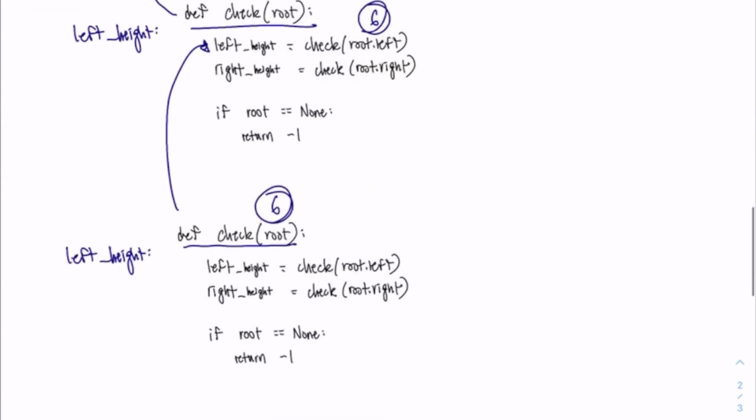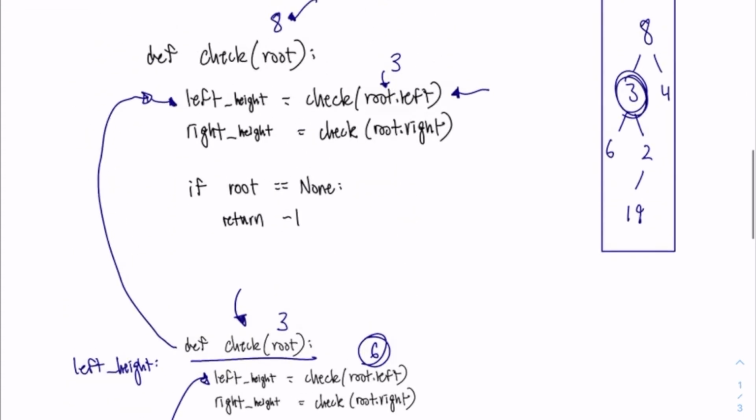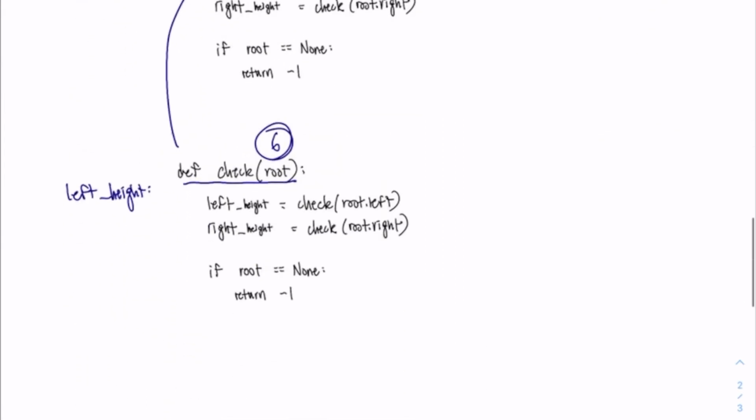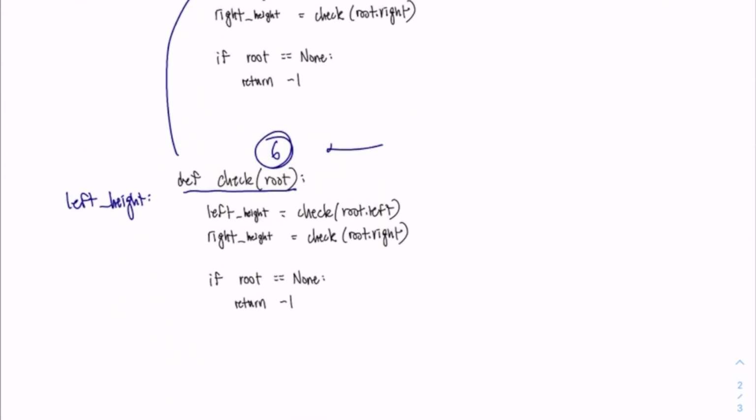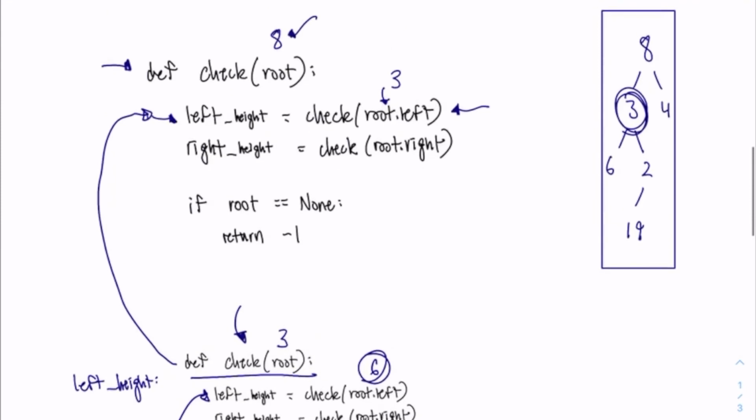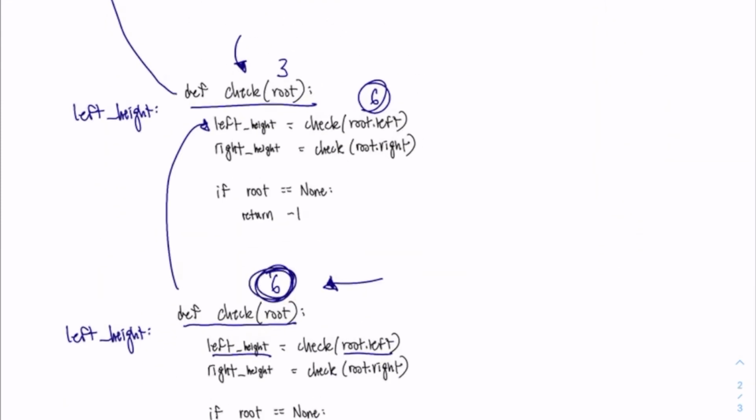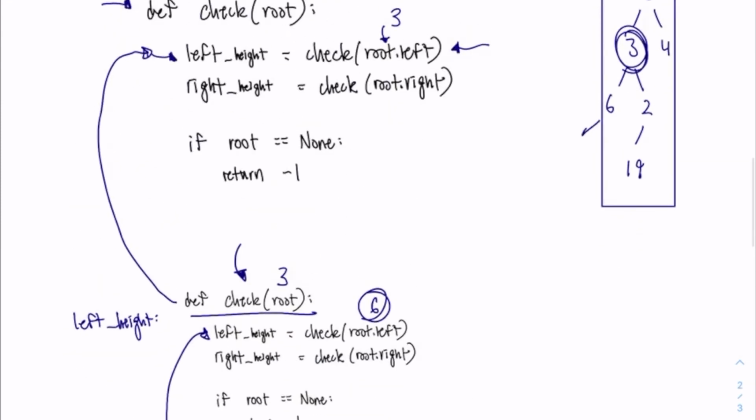That's basically what's happening. We're recursively running the check root function until something happens. So at this stage, we can say that left height equals check root.left. At this point where root is 6, root.left is null. There's nothing here.